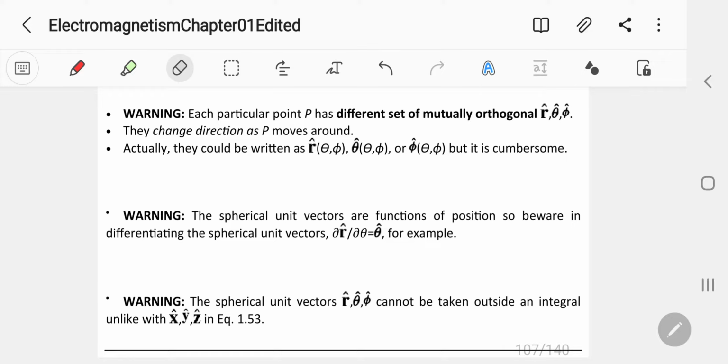And your r hat is actually dependent on theta and phi, because as the point changes, theta and phi also change.